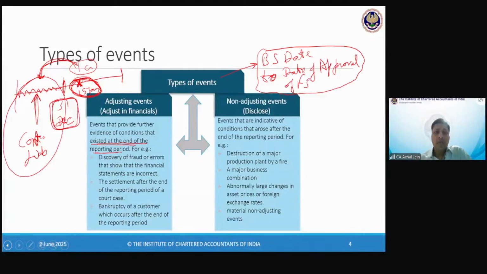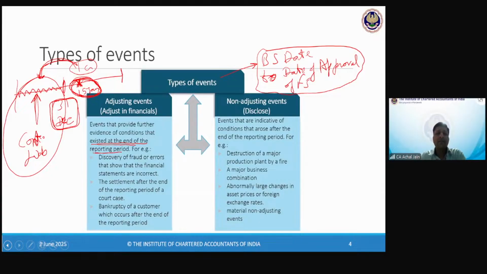You would account for that in the reporting year itself. Yes or no? We are now only thinking about those events which occur after the balance sheet date. Why? Because that you will not think whether to record that in the reporting year or not. That is where you will have to apply the requirements of AS4. Okay. Clear, Deepika, on this?